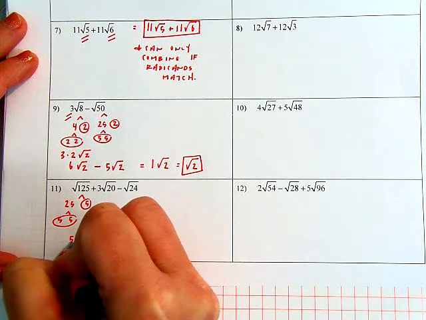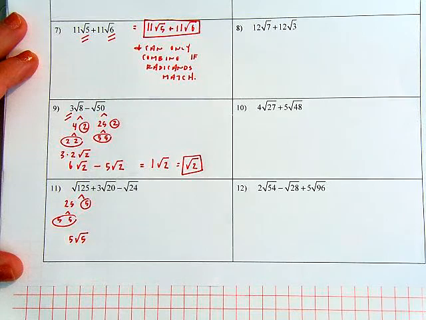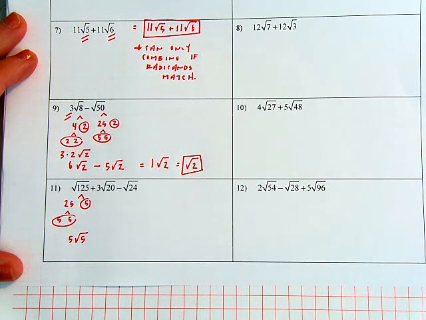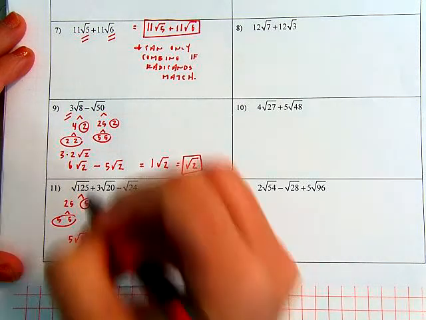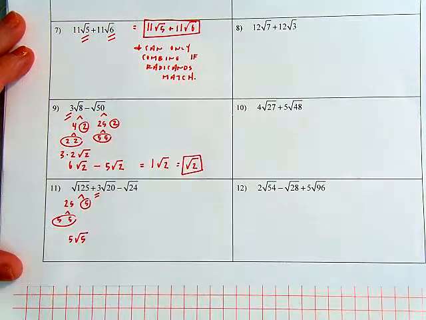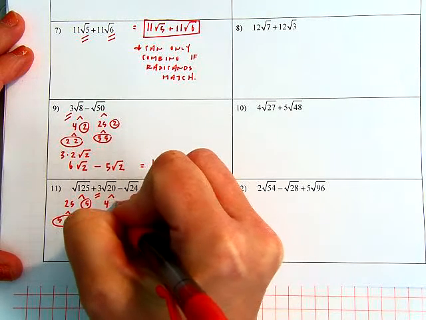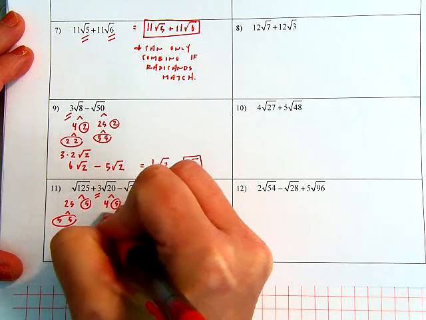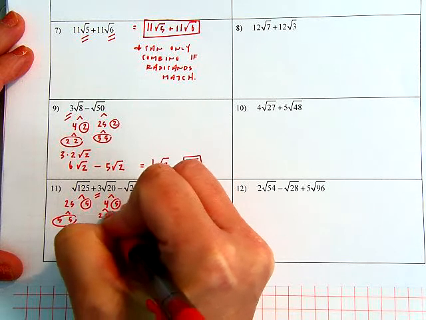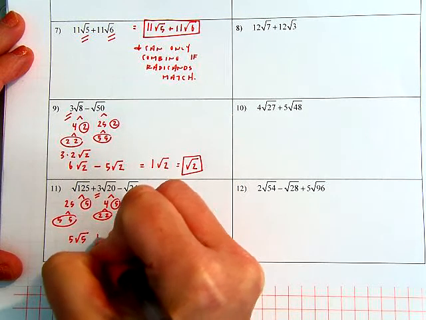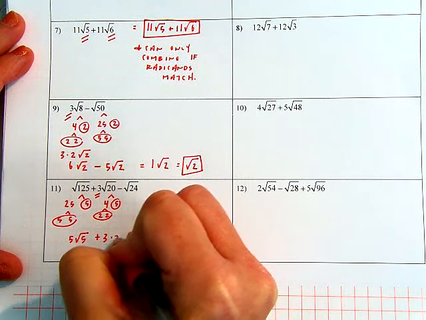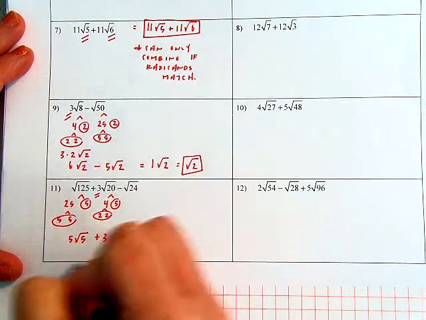So really, this becomes simplified 5 square root 5. Okay, that next term, that 3 times the square root of 20. I'm going to underline the 3 so I don't forget about it. And then the 20, I know that that's 4 times 5. And that 4 gives me a pair of 2's. So I really have 3 times 2 root 5.